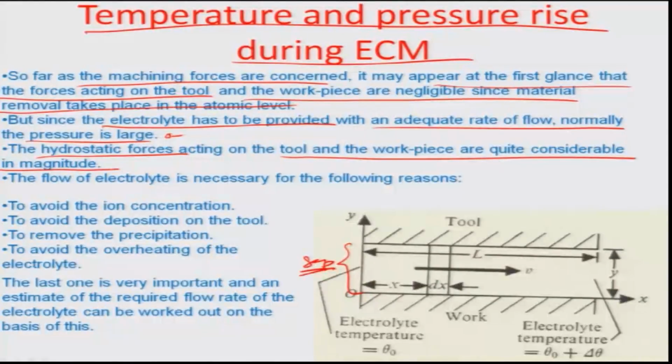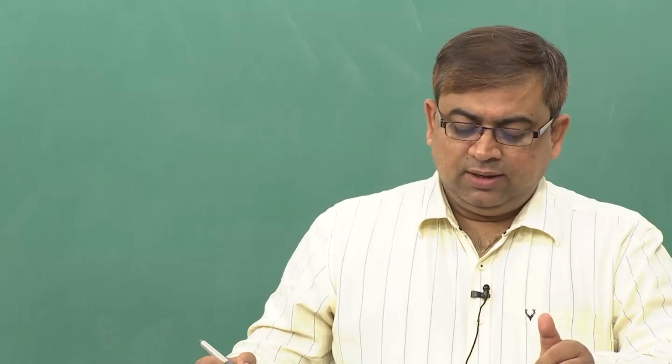So, therefore, it is very important to design the electrolyte flow in such a manner that you avoid ion concentration, so that it is not the case that in one section there is more machining compared to another because of exceedingly high ionic concentration accumulating in different areas. You should avoid deposition on the tool, that is another reason why the electrolyte should flow.